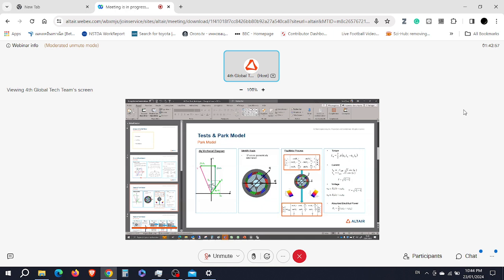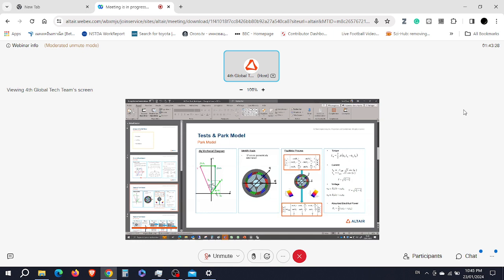Then we may have some magnets. We are going to talk about the synchronous reluctance machine assisted by magnets. So we will have more or less this kind of scheme with a small back EMF due to the ferrite magnet.